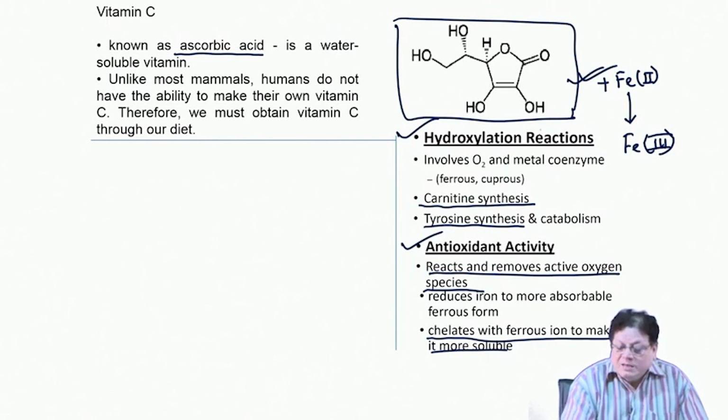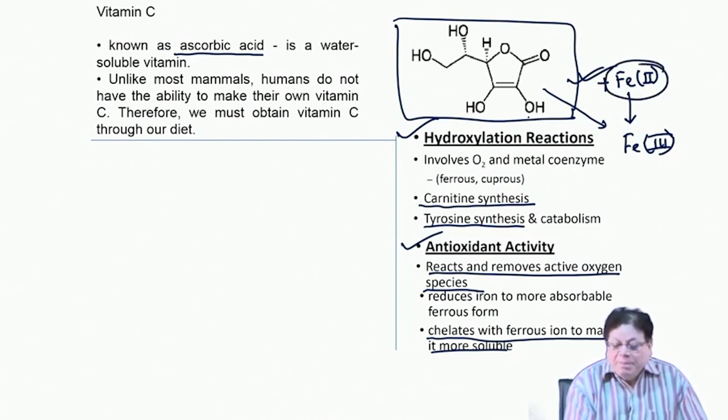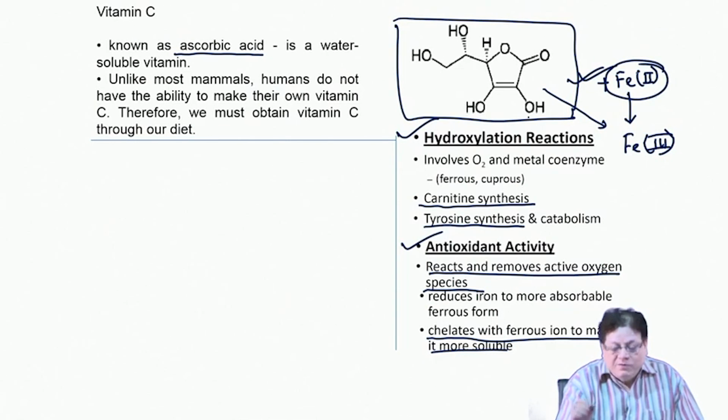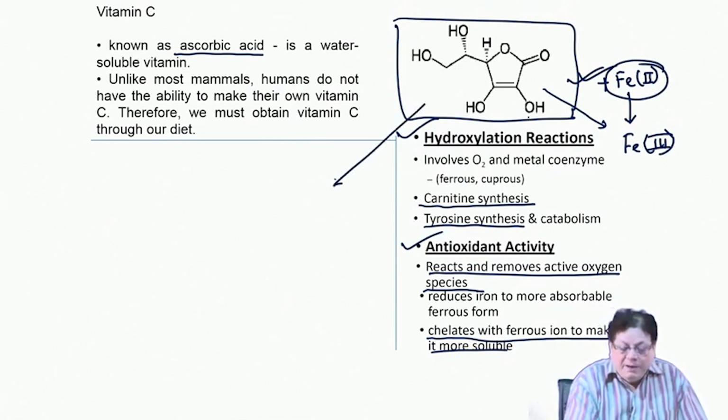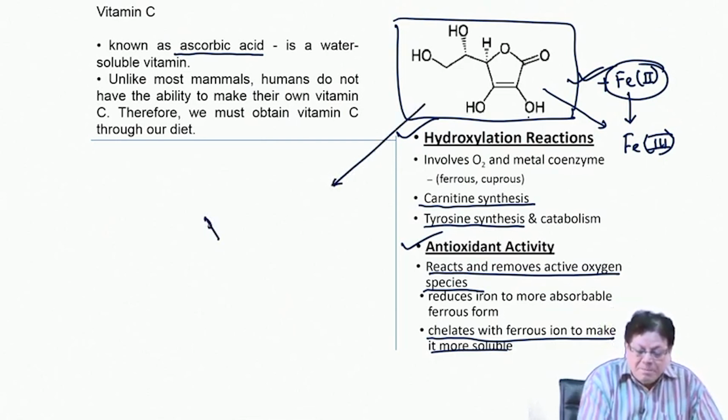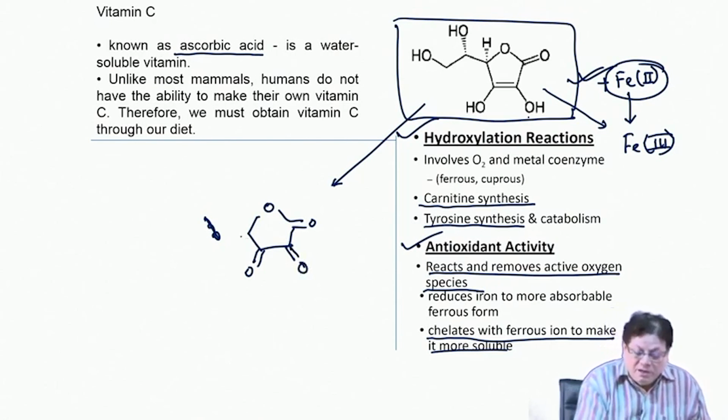Vitamin C or ascorbic acid reacts if there is any ferric. It will convert this ferric to the ferrous, so the ferric is reduced to ferrous, and the ascorbic acid is converted into the oxidized form, where both are carbonyl groups.